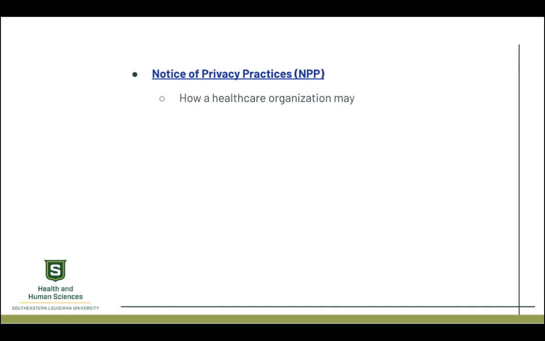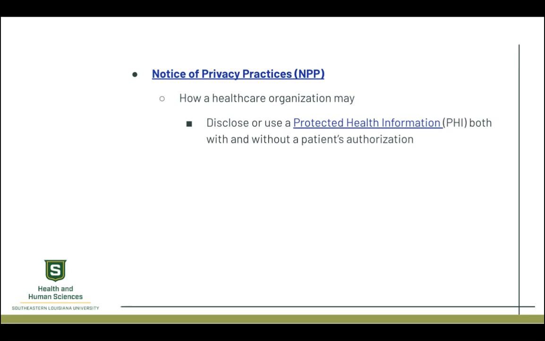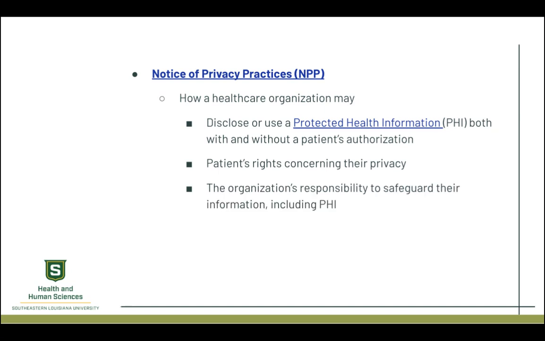And then another medical record we have is what is called the Notice of Privacy Practices, NPP. That is how a healthcare organization may disclose or use your protected health information, whether it is with your authorization or without your authorization. It also covers patients' rights to their privacy, and covers an organization's responsibility to safeguard their protected health information.